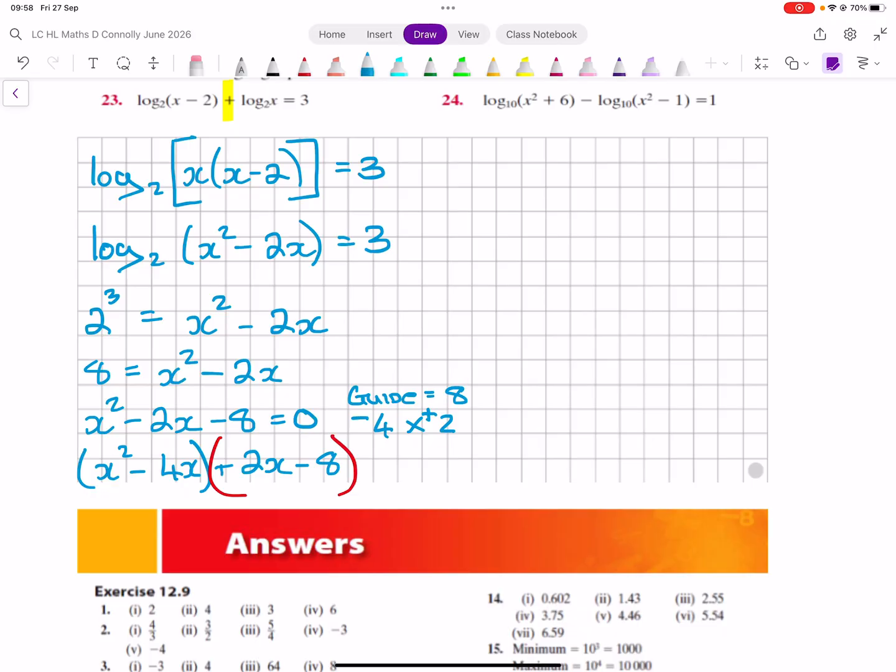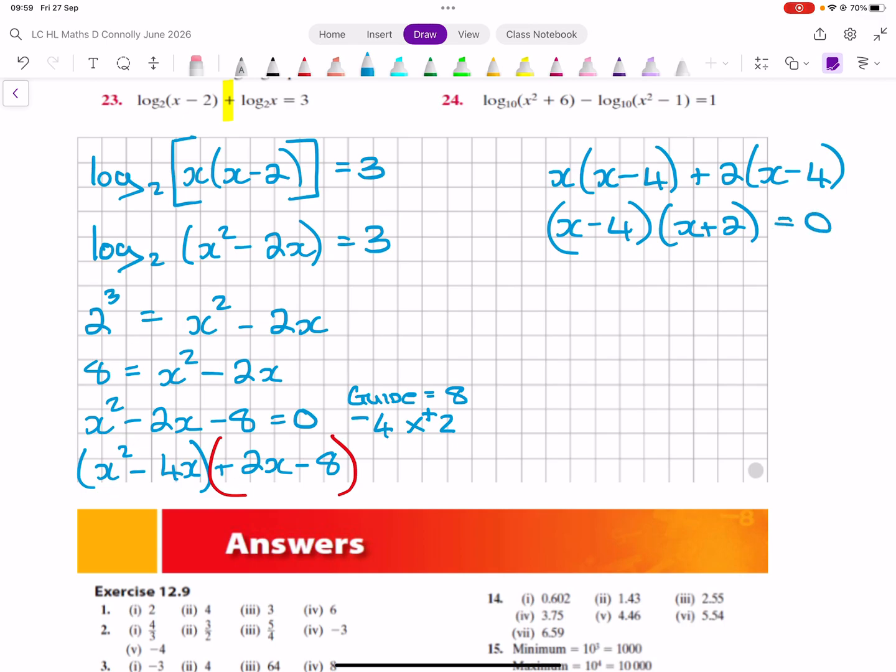Okay, out of the first bracket, we'll take the x, leaving x minus 4. And then take out 2, leaving x minus 4. So x minus 4 is the first factor, x plus 2 is the second factor. So we get x equals 4 and x equals minus 2.